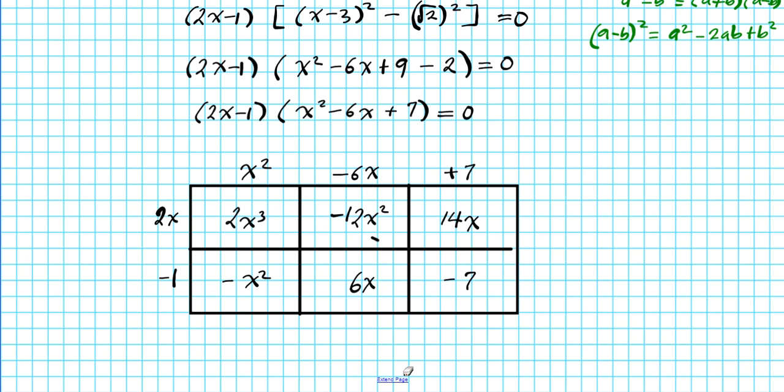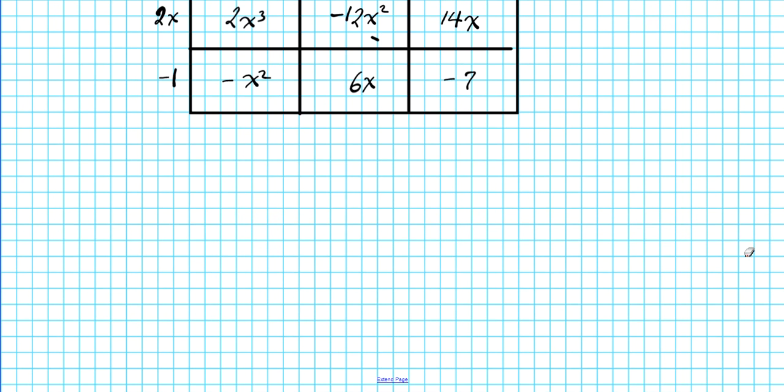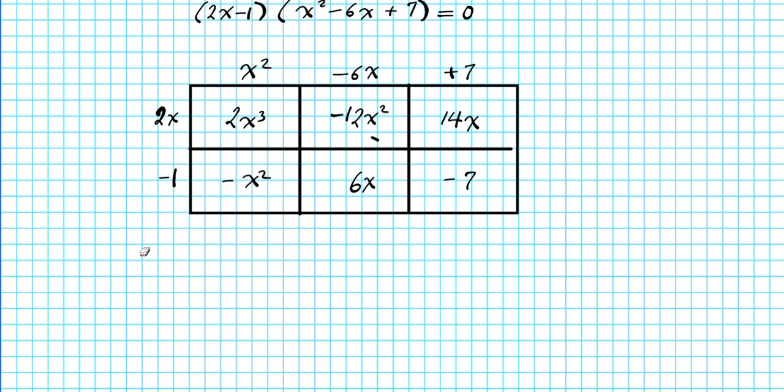Now let's combine like terms to get the final result. So the function f of x is equal to 2x to the third stands alone. We can combine negative 12x squared and negative x squared together to yield negative 13x squared.